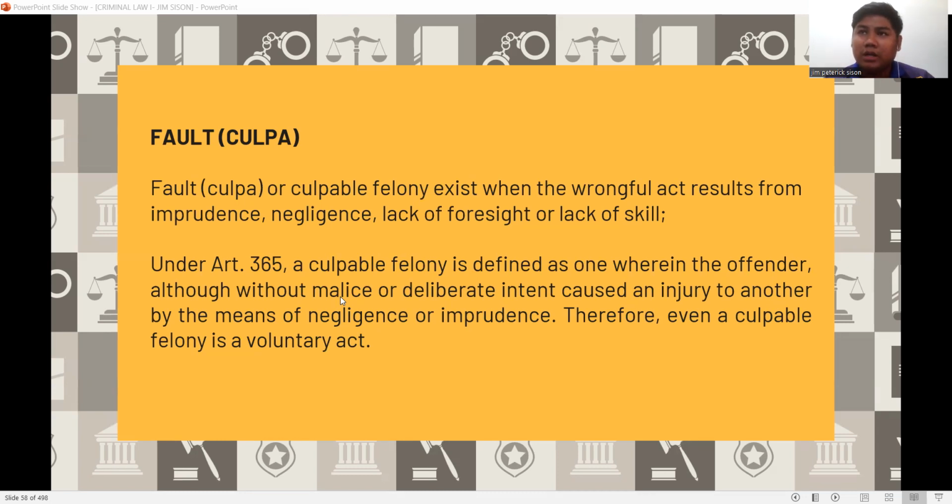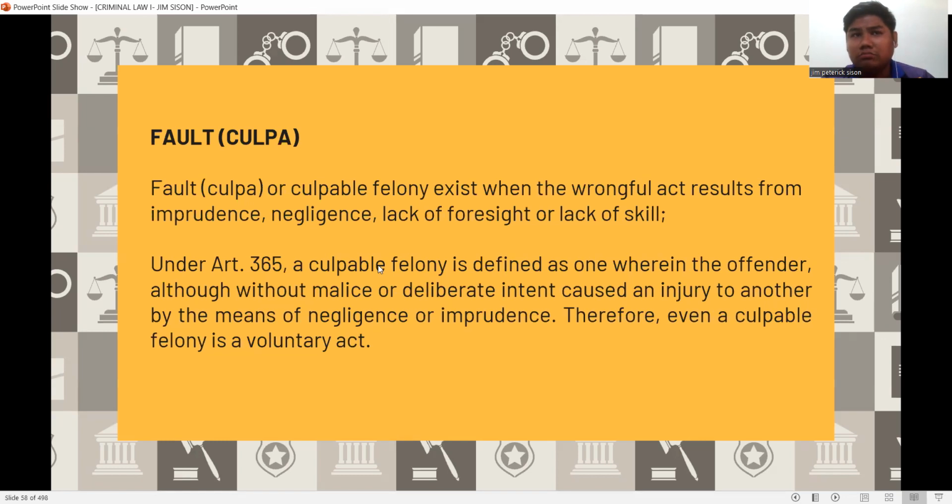Reckless imprudence resulting to what? Resulting to homicide, if the person died. Or if it causes injuries, reckless imprudence resulting to serious, less serious or slight physical injuries. If there is damage to property, that's reckless imprudence resulting to damage to properties.